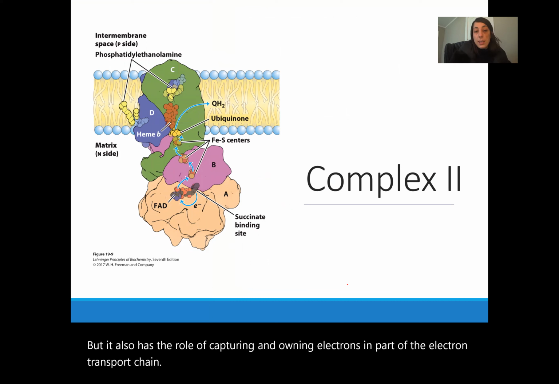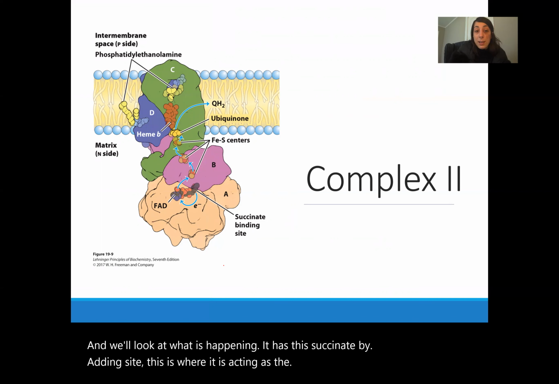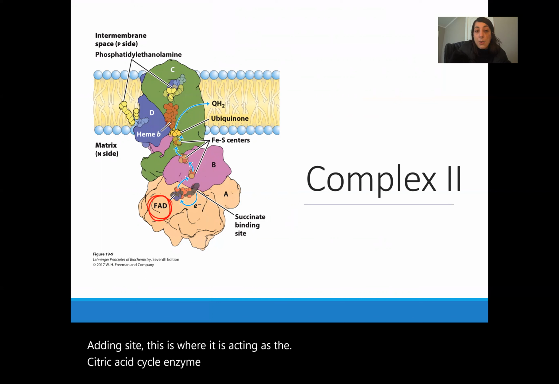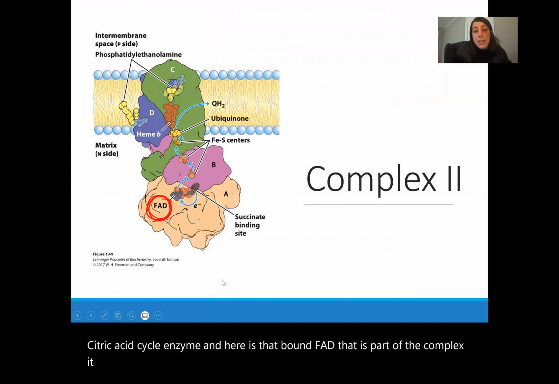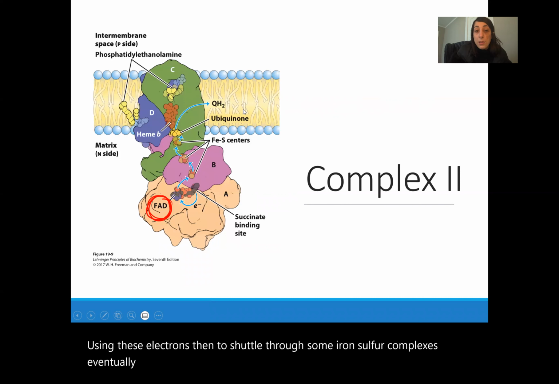So here is a close-up of complex 2, and we'll look at what is happening. It has this succinate binding site. This is where it is acting as the citric acid cycle enzyme. And here's that bound FAD that is part of the complex. It can take succinate into the binding site where it is transferring electrons to make fumarate, using these electrons then to shuttle through some iron sulfur complexes, eventually to a coenzyme Q or a ubiquinone.